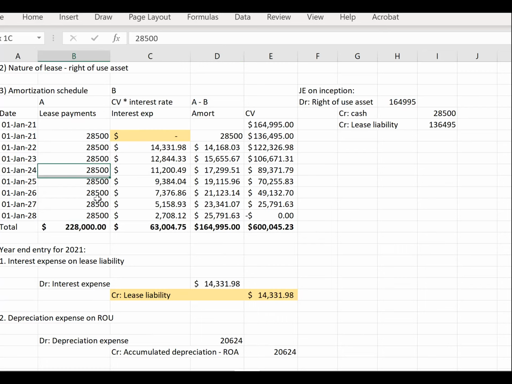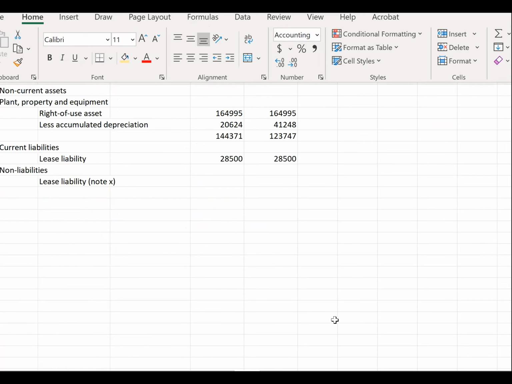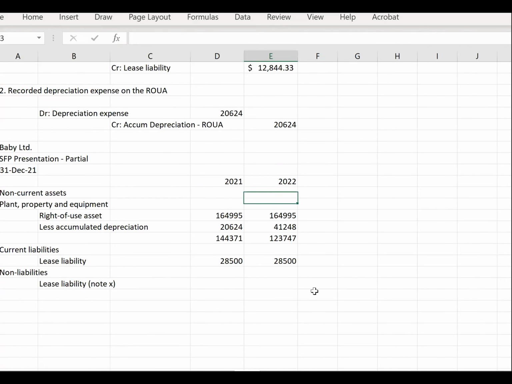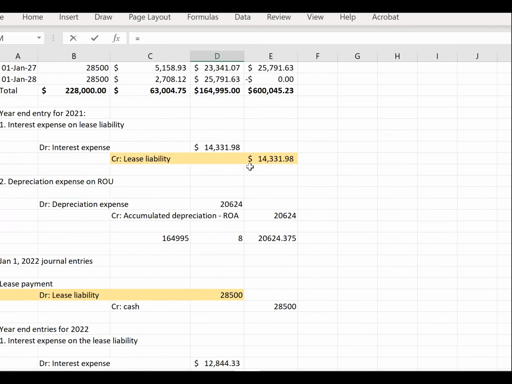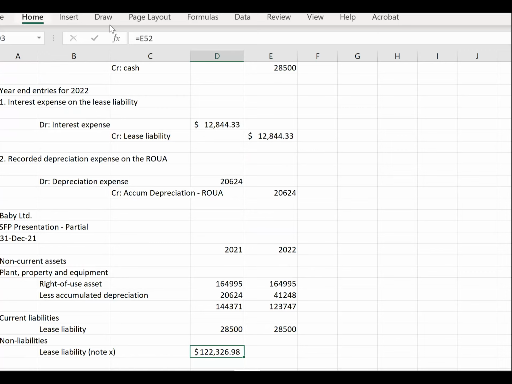So our non-current lease liability is going to be 122, 327. So this is the carrying value of our lease liability, of course. Our carrying value is 122, 327. So right from our statement here, 2021 is going to be this number, 122, 327. We're rounding this.